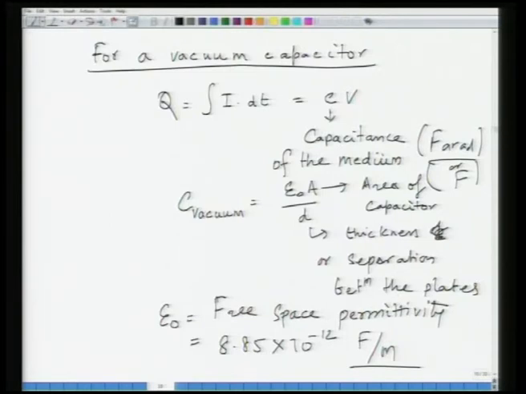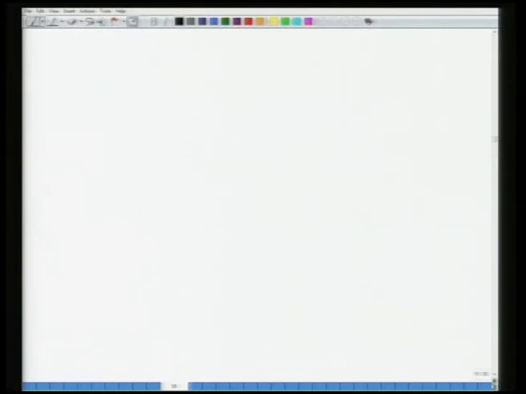Okay. So, this is the scenario for a vacuum capacitor. Now, if you insert a dielectric material between the plates, then the capacitance gets modified. Upon insertion of a dielectric material, this is the fundamental thing about dielectric material. A dielectric material, when you insert between two plates, it has to increase the capacitance. Okay.